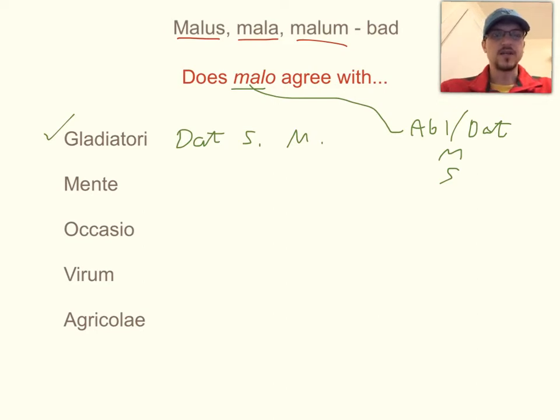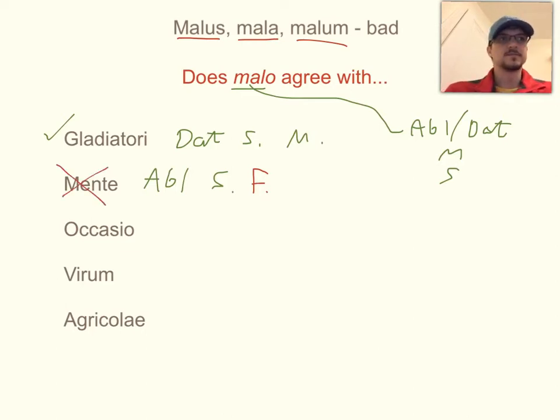Mente, if we look it up in our dictionary entry, is ablative, it is singular, but alas, it is feminine. So, it agrees with two of the three criteria. It does not agree. Not even close. Occasio looks to have the same ending.